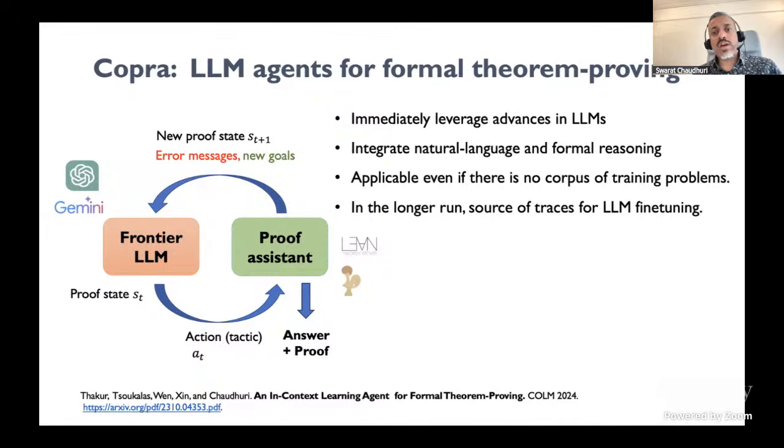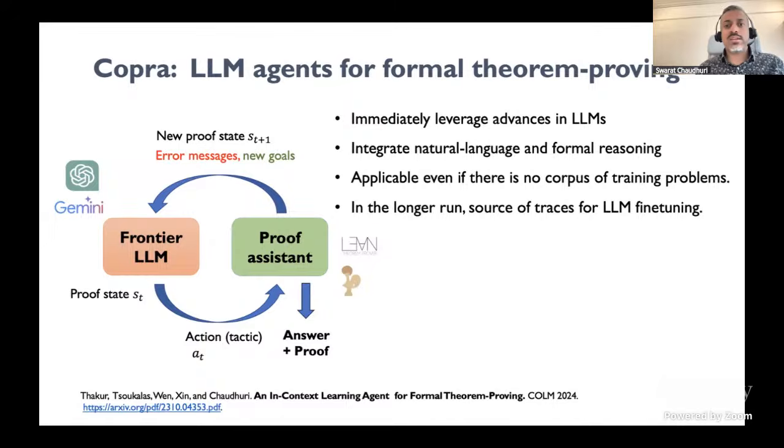And it also has the ability to integrate natural language and formal language reasoning, because ultimately you are just using an LLM to generate the proofs in the formal language, but at the same time, the LLM has the ability to do natural language as well. So this is something you can benefit from, and I'm going to show concrete examples of this in a little bit.